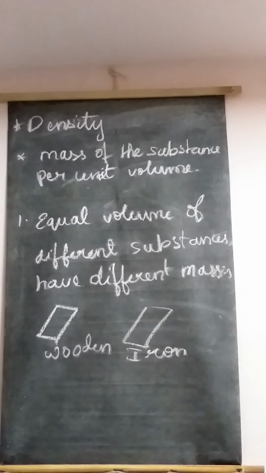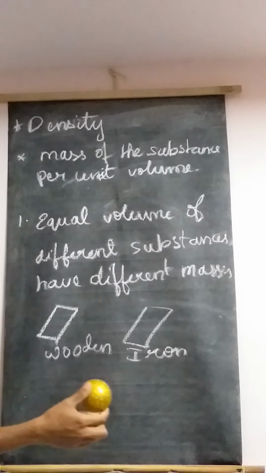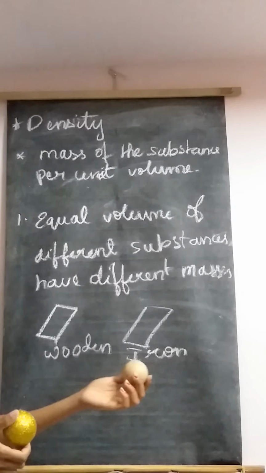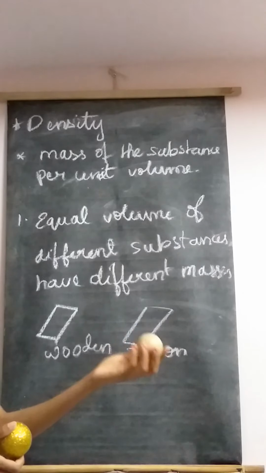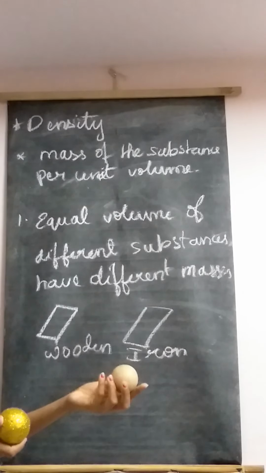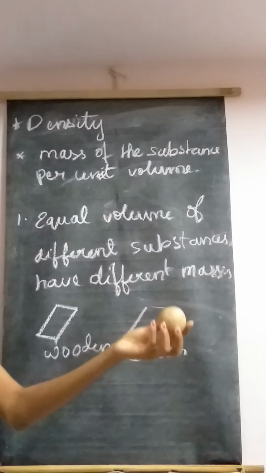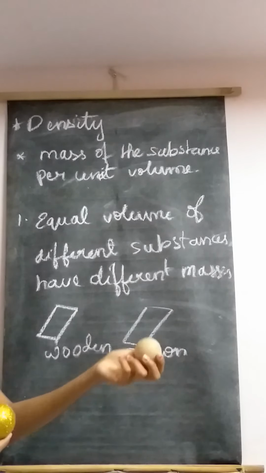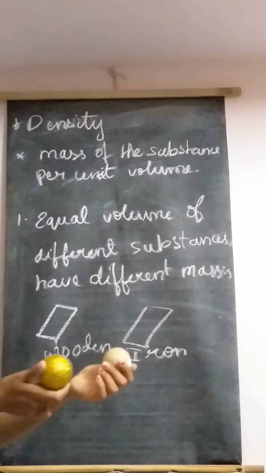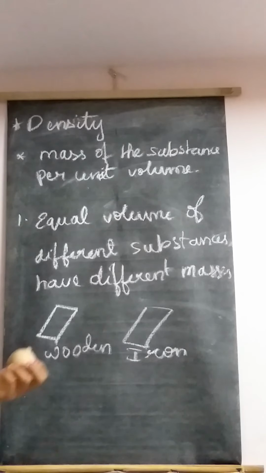I have here a plastic ball and a wooden ball. Now, which is heavy? Which is more dense? You will say it is the wooden ball. When I compare this wooden ball with this plastic ball, the volume is the same but the mass is different.